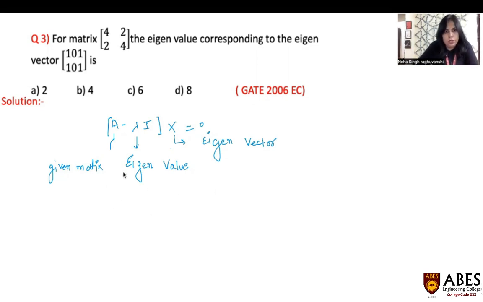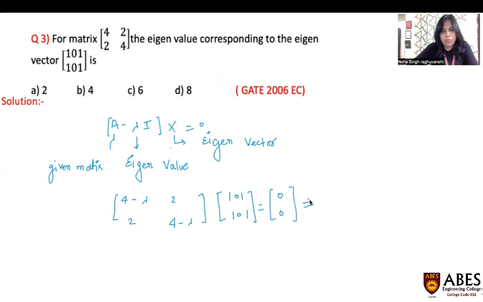Now come to this equation, A minus lambda I. This would be 4 minus lambda, 2, 4 minus lambda, into x, which is the eigenvector, given as 1, 0, 1, 1, 0, 1, and is equals to 0, 0.